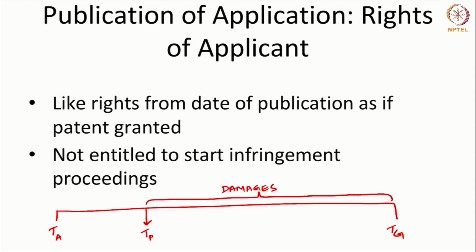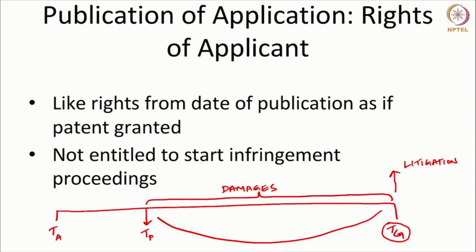But a case can only be filed at this point. Litigation can only be started at the time after the grant. Till such time, no litigation can take place. But when a case is filed at the point of TG, the applicant can go back in time and ask for damages that happened during this time period.